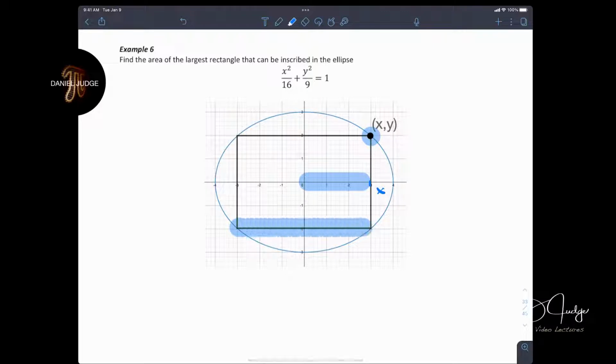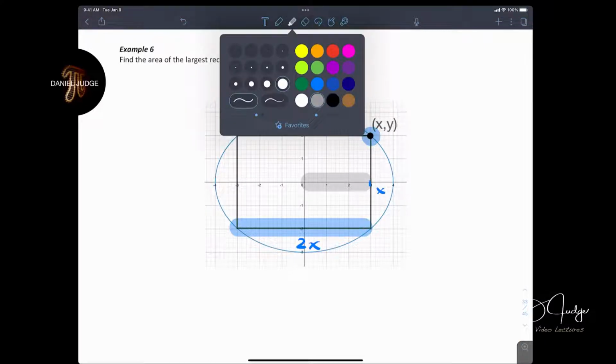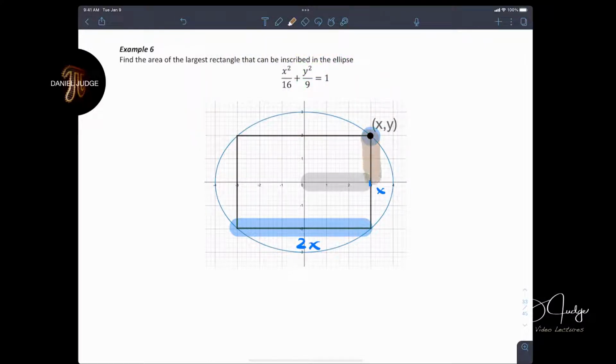The length of that rectangle, the total length, will be 2x. Maybe it's helpful to change the color and say this is a distance x, so this is 2x. And similarly, this distance is y, because that's the ordered pair there. You have this x coordinate and this y coordinate.